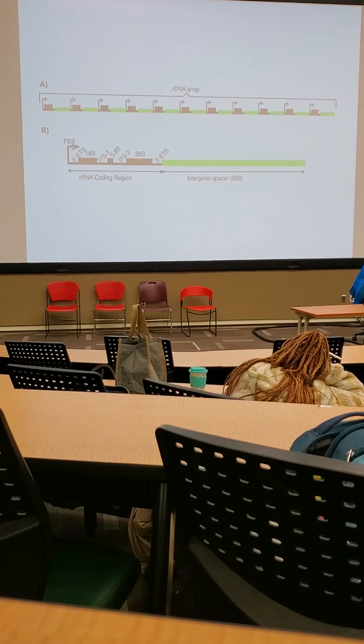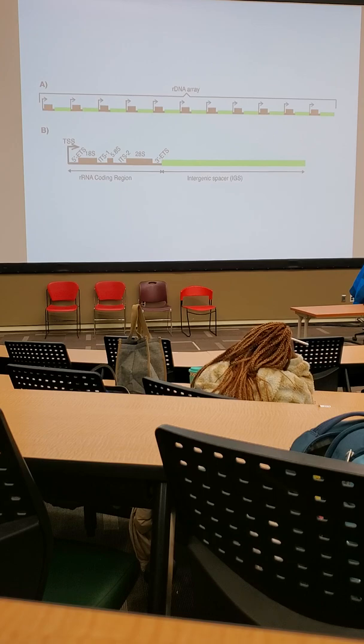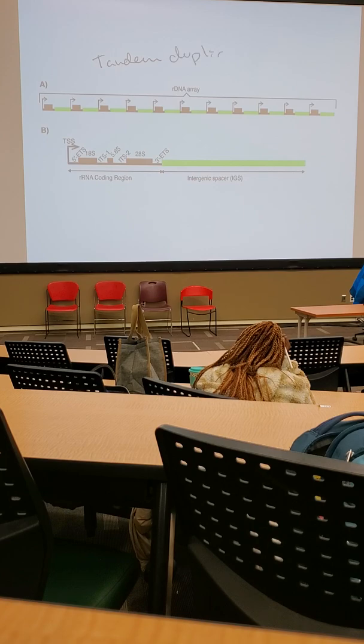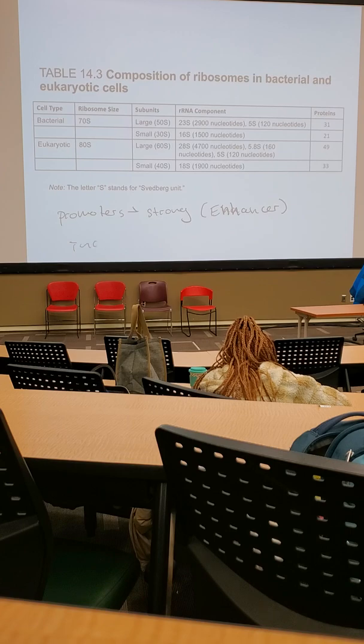Maybe in Top Hat chat someone said something. Nope. So this is an array. What that means is tandem duplication. I'm going to switch back to the other slide real quick. You can increase copy number.